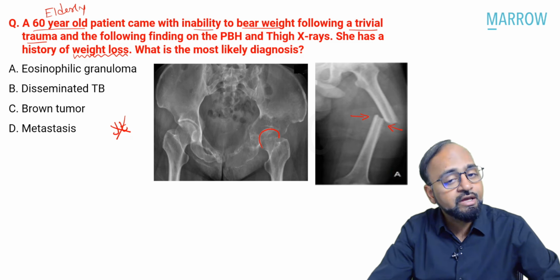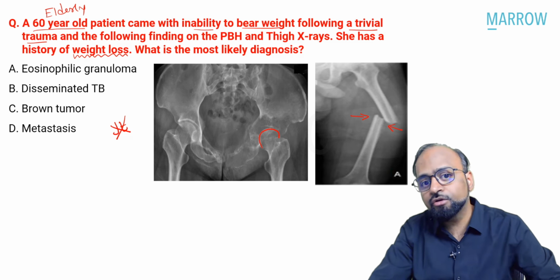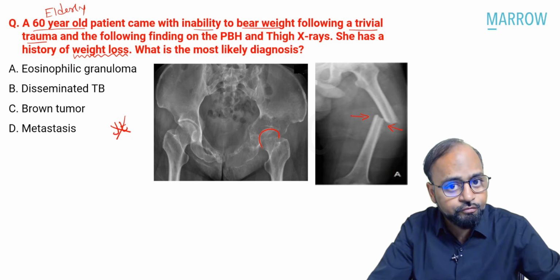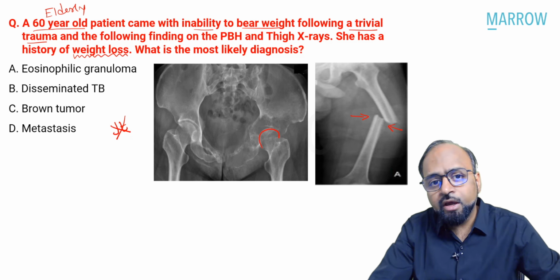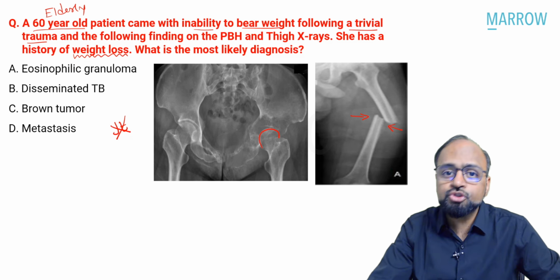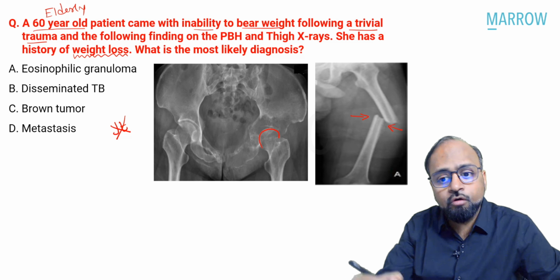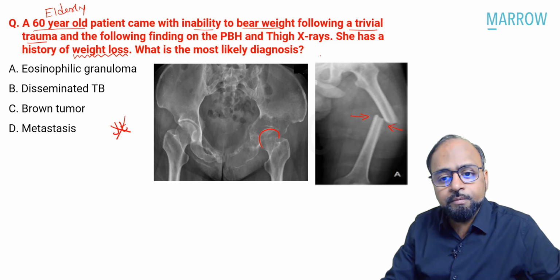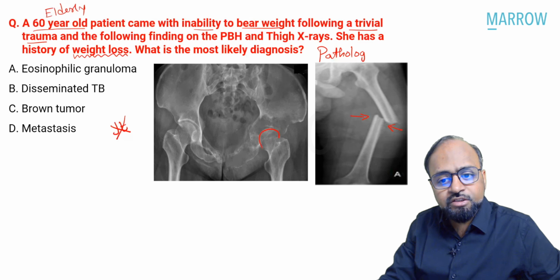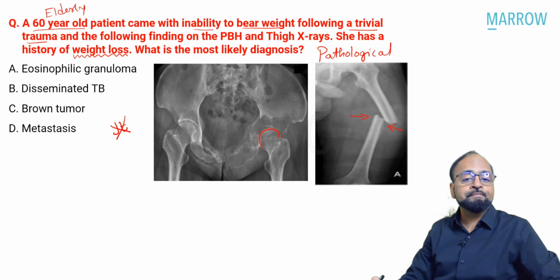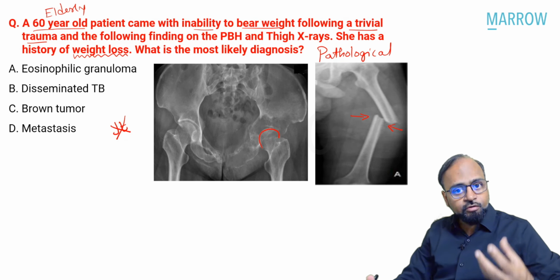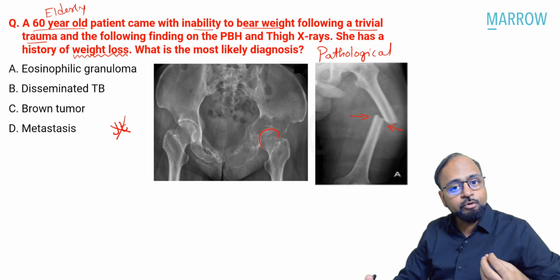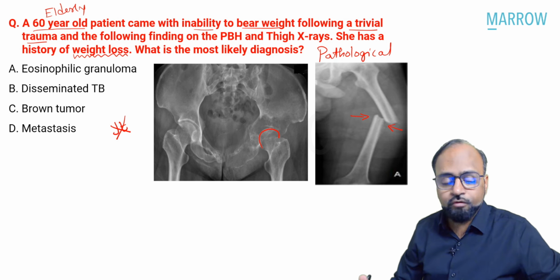Remember, it takes a very high degree of force to create a shaft of femur fracture, and therefore that points to the possibility of a pathological fracture. What is a pathological fracture? Something was causing a weakening of the underlying normal bone, and because the bone was weakened, it quickly got fractured.